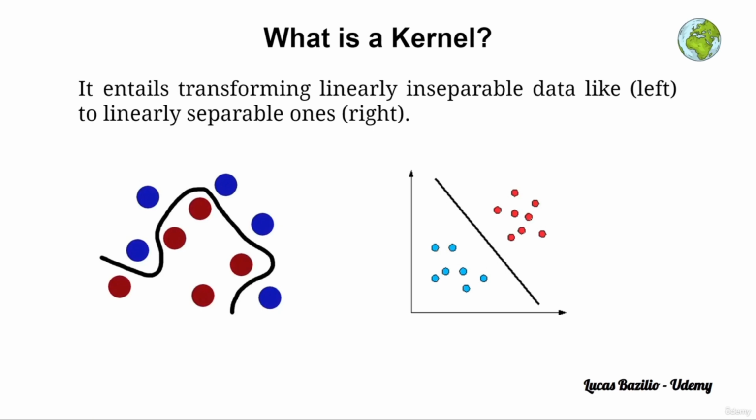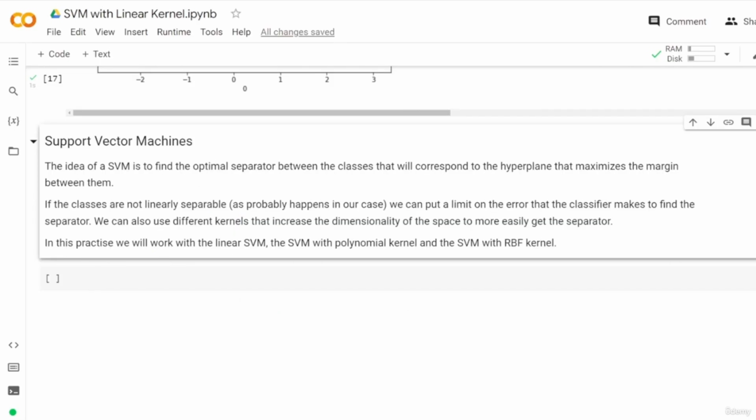This is what is used as the notion of the kernel trick, or just kernel. There are different types of kernel. In this practice, we will work with the linear kernel, also the support vector machine with polynomial kernel, and the support vector machine with the radial basis function kernel.